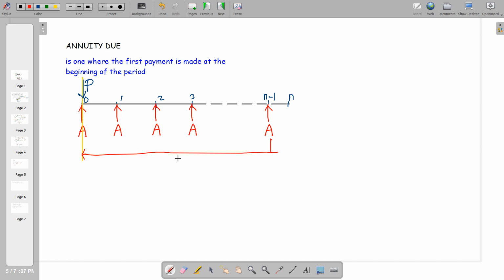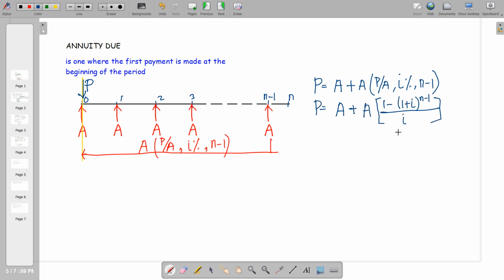If this is the case, we say that A times finding P given A at i% at n minus 1, so the present worth should be equal to the initial A here, remember my A from earlier, plus this one. So this will be the formula for annuity due considering the present worth. Hence, it can be expanded to this formula. Just replace it with n-1.